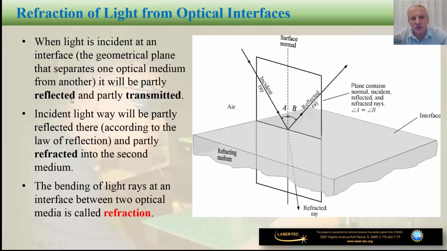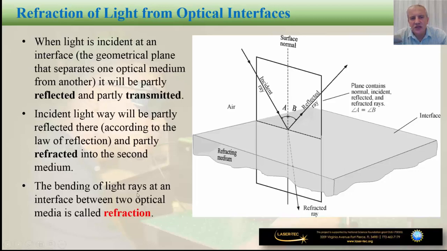So the partially reflected light ray is analyzed through the phenomenon of reflection and the law of reflection, while the transmission into the second medium is going to be analyzed through the phenomenon of refraction or bending. We're also going to establish another important law, so-called Snell's law of refraction, that is going to determine the direction of propagation of the refracted light ray. So incident light will be partially reflected according to the law of reflection and partially refracted into the second medium.